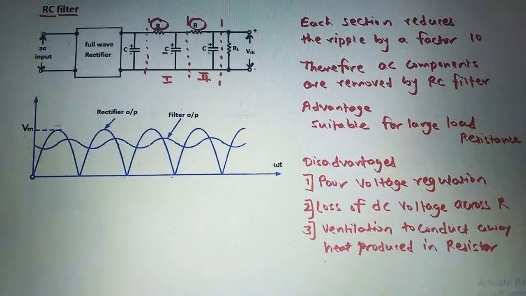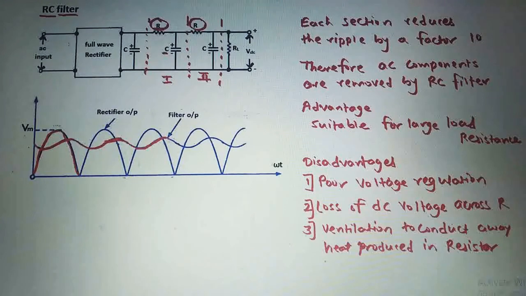And finally we will see the output waveform of this RC filter. See here, this is the rectifier output, which is pulsating DC voltage. Now see here, this is the filter output. In this filter output there is a reduction of ripples.